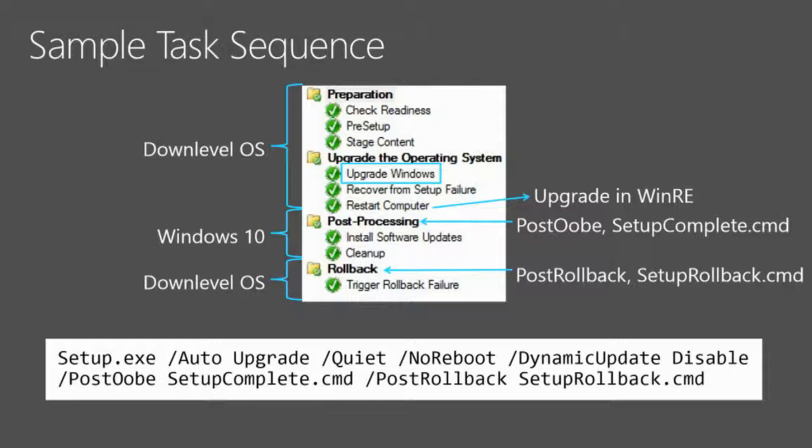If you uninstall an application during the preparation phase, you may want to consider reinstalling it during rollback. One that I've seen is some third-party antivirus security software that may cause problems with upgrade. You may need to uninstall that before you launch upgrade. Then, if it does roll back, you may want to make sure that security software is put back on.